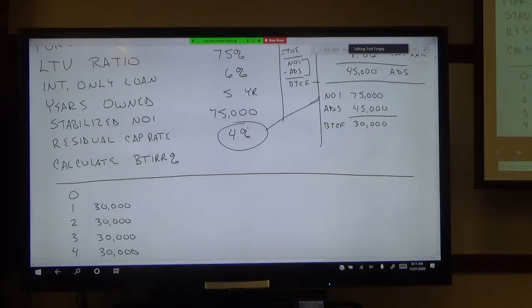Our net operating income is staying constant at 75,000. So if we simply take 75,000 divided by the cap rate of 4%, that means we would be able to sell it for $1,875,000.